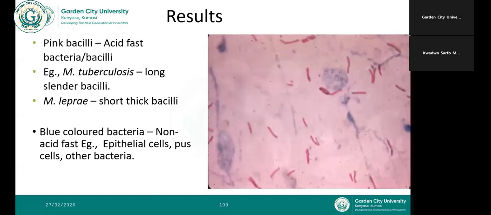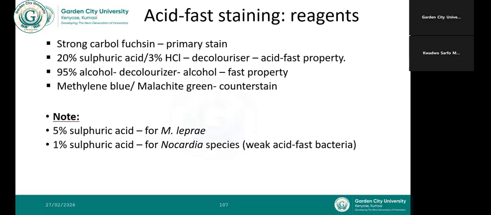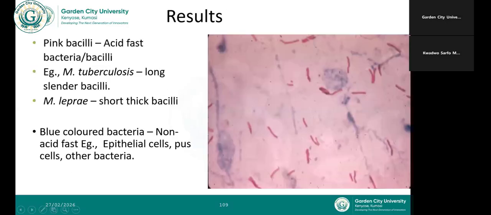All right, so that brings us to the end of culture media. Sir, please, what about the red color? Which one? The red color. I saw red on one of the slides.